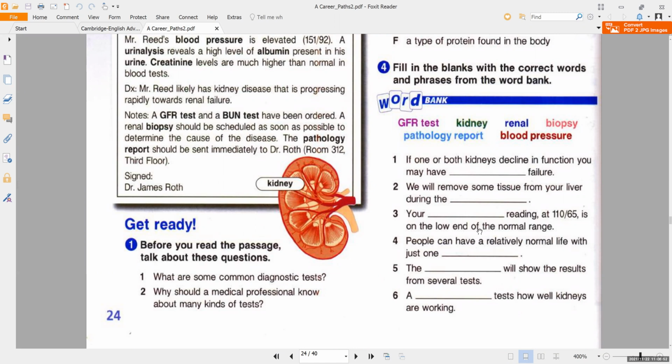Number 1, if one or both kidneys decline in function, you may have what? So the answer is renal failure. Two, we will remove some tissue from your liver during the biopsy.